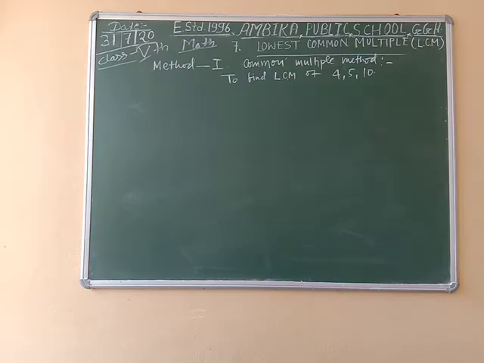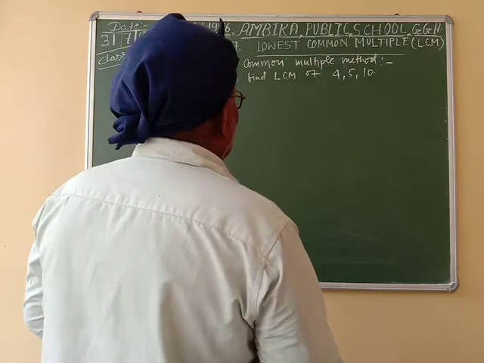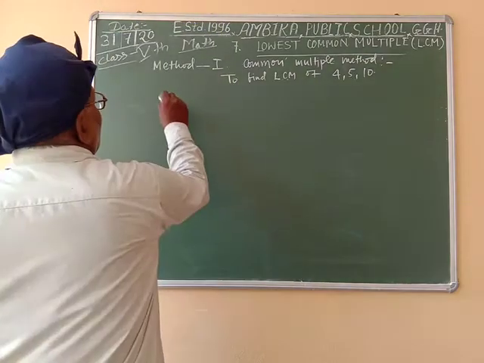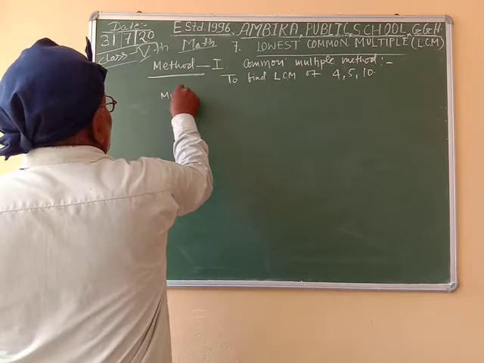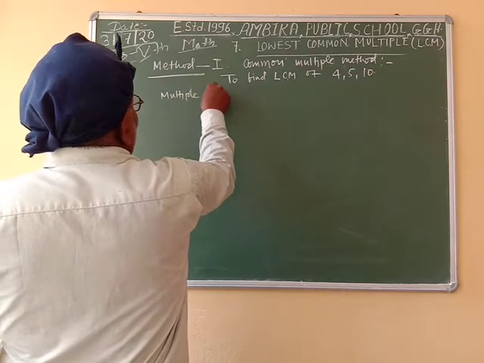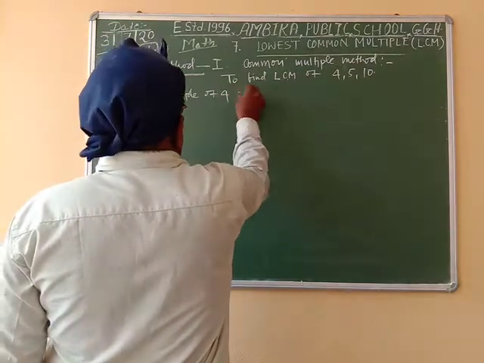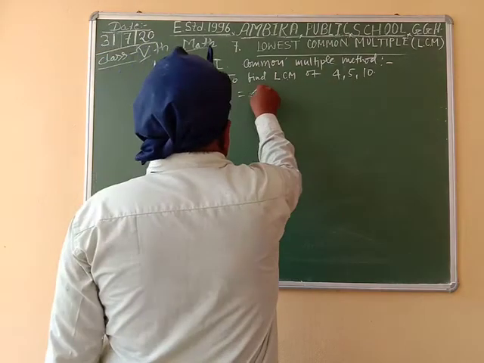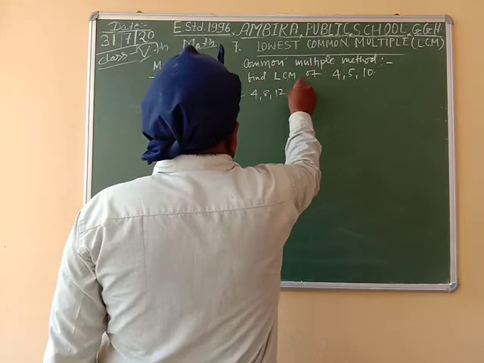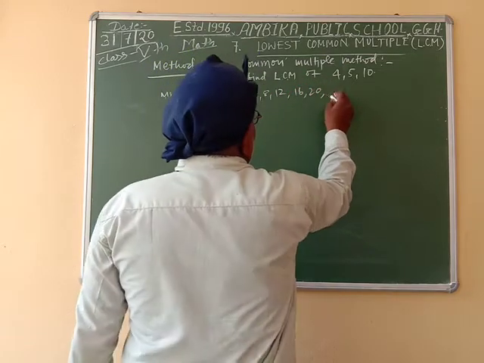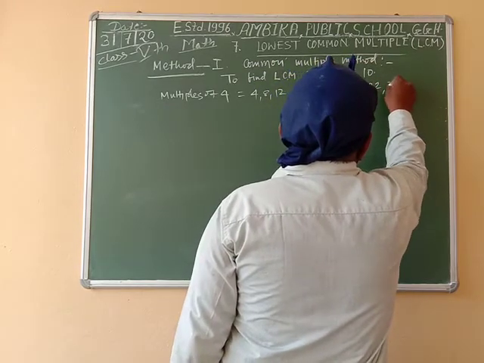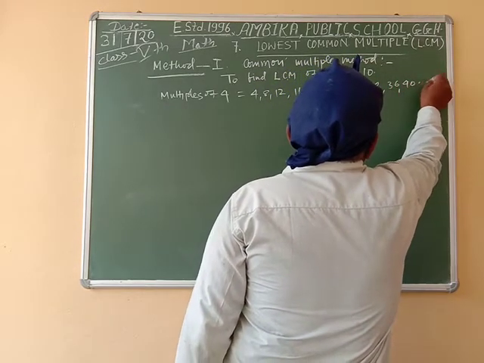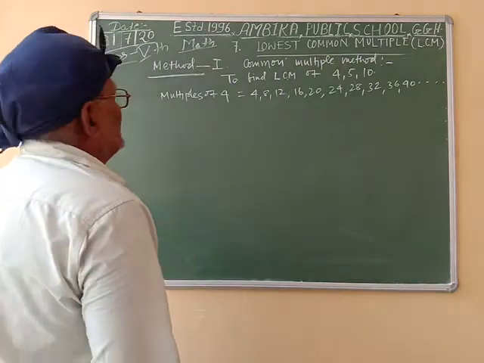To find the LCM of 4, 5, 10, first of all we write the multiples of 4. Multiples of 4 is equal to 4, and multiples of 5.